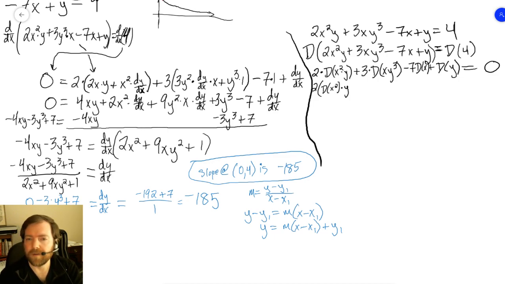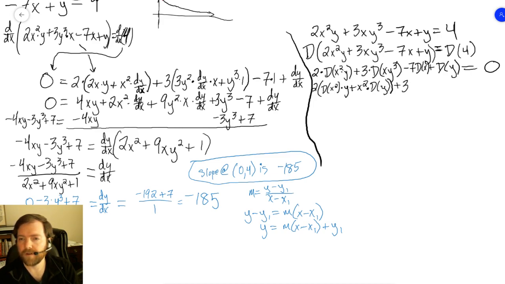So we do d of x squared times y plus x squared times d of y, right? Just regular power rule. And there ends the parentheses for the 2.